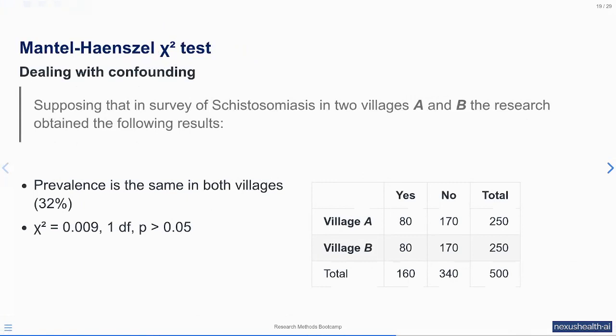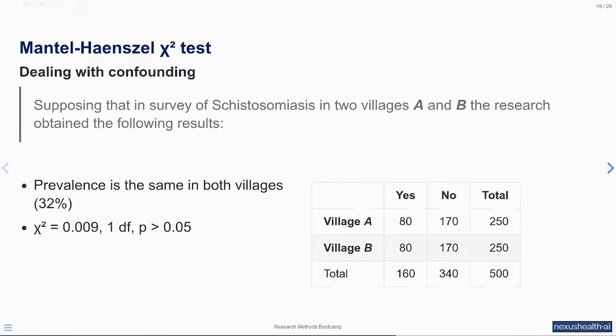We use the Mantel-Haenszel chi-square test to deal with confounding. And here is a worked example. Supposing that in a survey of schistosomiasis in 2 villages, A and B, the researcher obtained the following results. And the hypothesis being tested here is whether the prevalence of schistosomiasis in both villages is different.